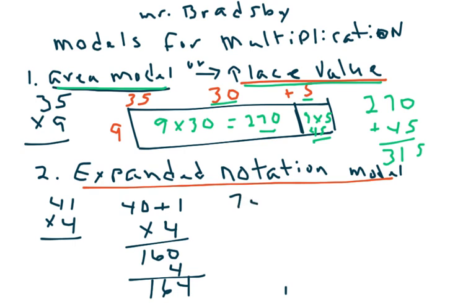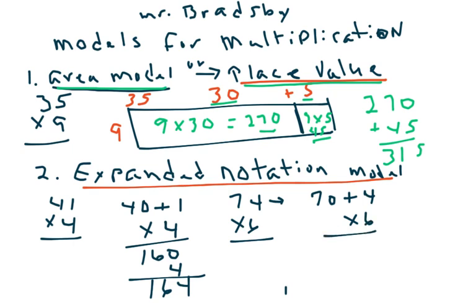Another example would be like 74 times 6. Expand out the 74, 70 plus 4. You don't have to do any modeling for this. You could if you want, but it looks exactly like that. 70 plus 4 times 6.